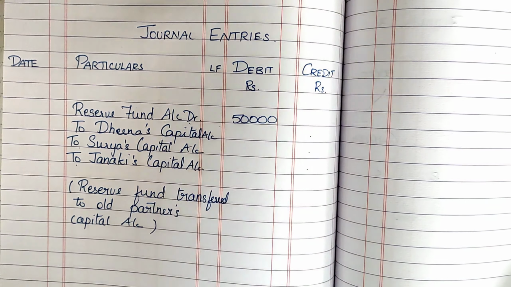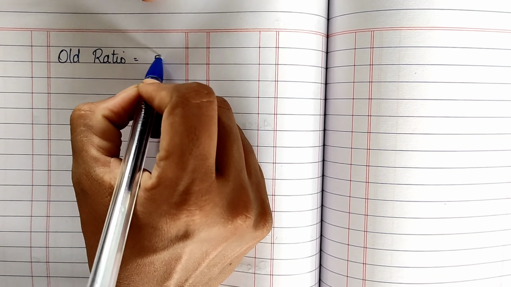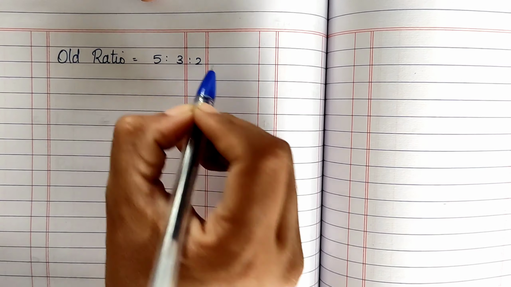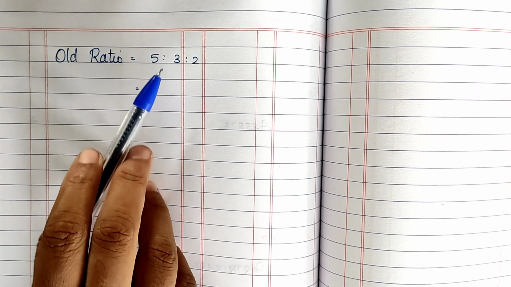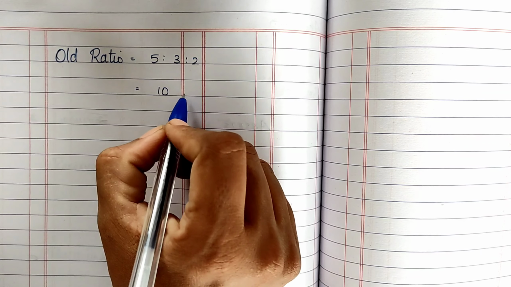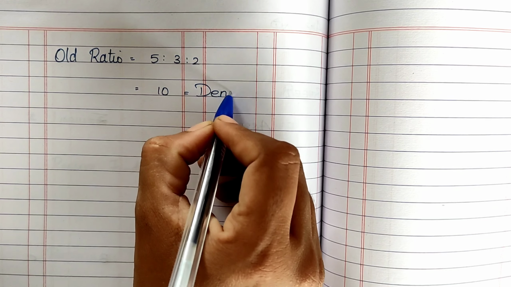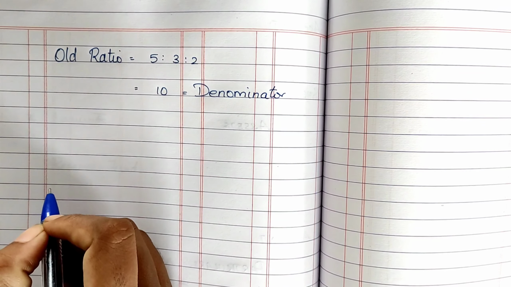So let's calculate the ratio. The old ratio given in the problem is 5:3:2. Your first step is to add the three numbers given. So 5 plus 3 plus 2 is 10. So this 10 is going to be your denominator. Denominator means the number which you write at the bottom of your fraction.